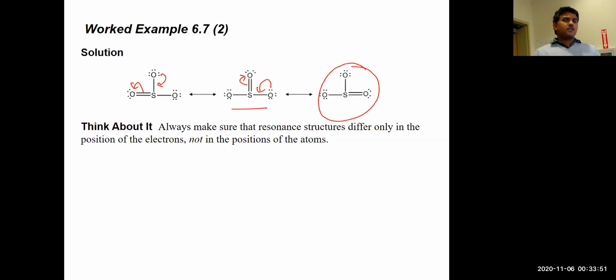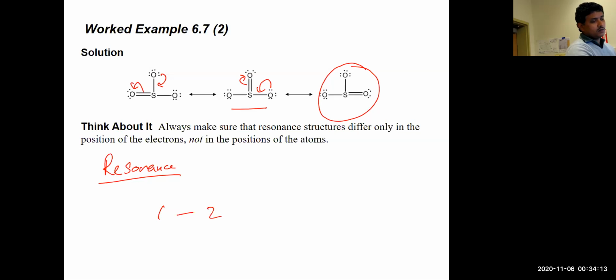Again, as I said, you just need to know that when you draw a Lewis structure with a fixed formal charge, it's not going to stay there all the time if it has exposure to this kind of framework. This is where resonance happens, in shortcut. When you have 3 atoms, 1, 2, 3 distance, with a double bond between 2 and 3, and with a lone pair at 1, you will have a resonance structure.